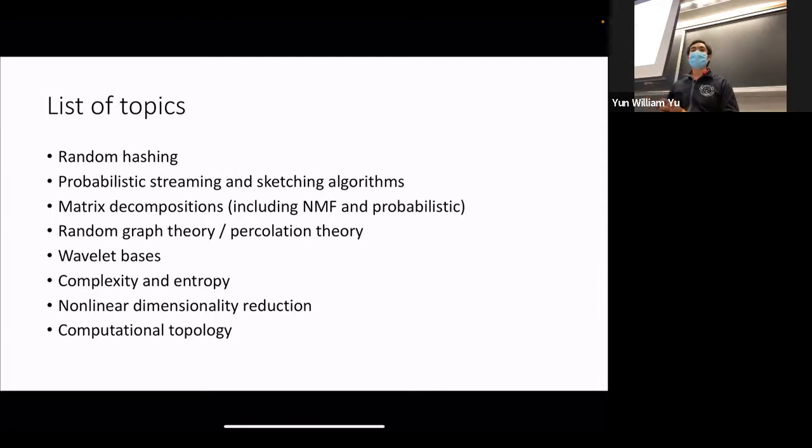Are we going to do chapters 6 and 7 of the textbook? Let's see, what are chapters 6 and 7? Yes, we are going to do chapter 6. We are not going to do chapter 7. So we're going to do the streaming and sketching and sampling. That's the second of the topics, actually, and we're going to be doing that pretty soon.